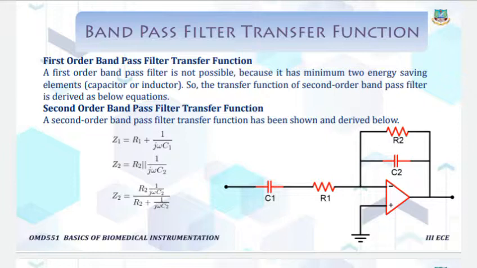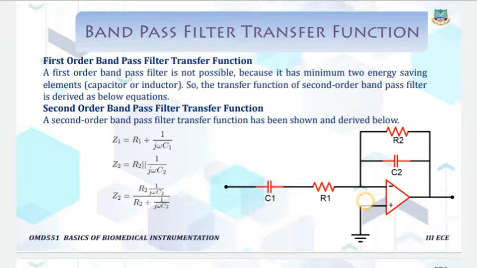Okay, the derivation is given below. I think you already studied this. You have to just go through it. Okay, the second order bandpass filter transfer function. Z1 is equal to R1 plus 1 by j omega C1. Z2 is equal to R2 parallel to 1 by j omega C2.